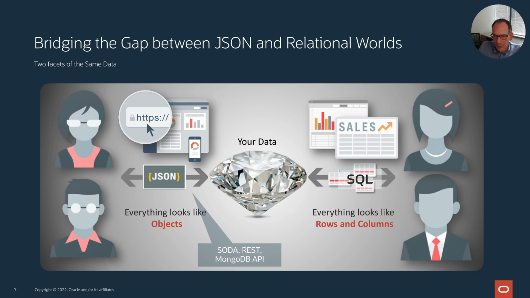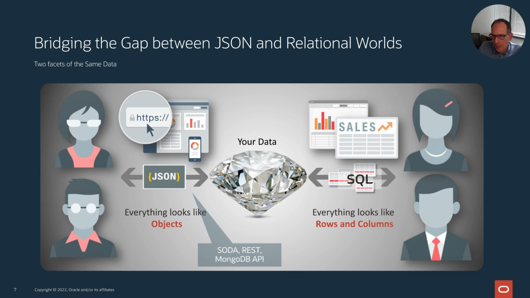But on the other hand, for application development, people often prefer simpler APIs where they don't want to write SQL for simple CRUD operations. Instead, they want to do a simple put or get or delete command, or they want to find documents based on some criteria. So to these folks, the data really looks like objects. The application developers work with objects, whereas, let's say, data analysts look at data as rows and columns.